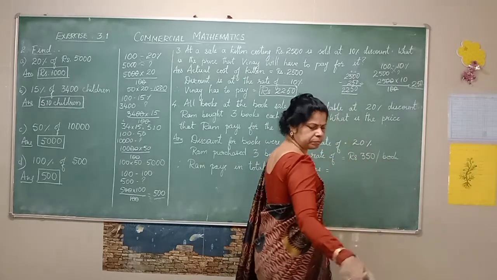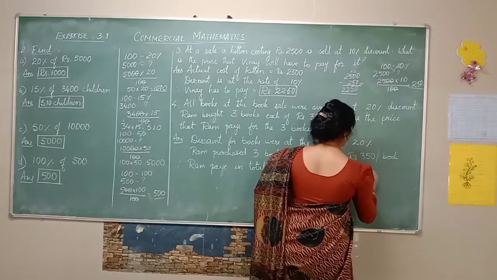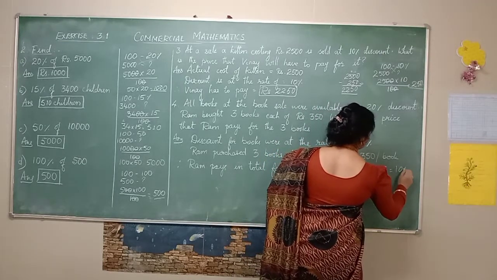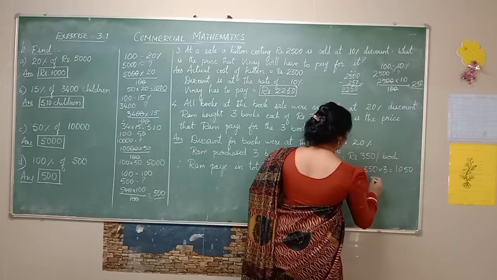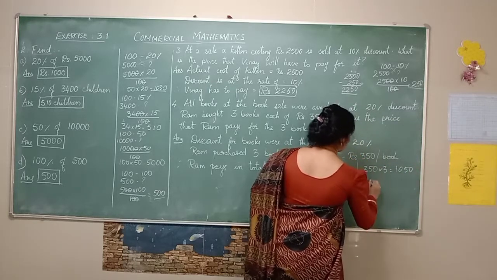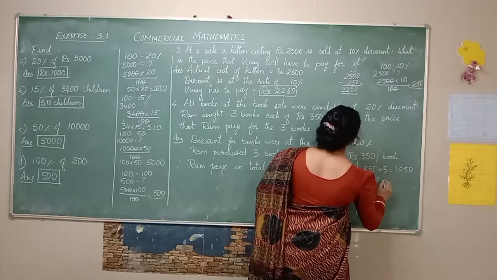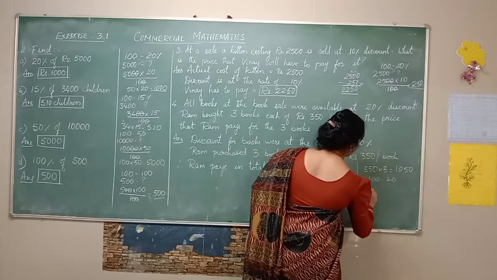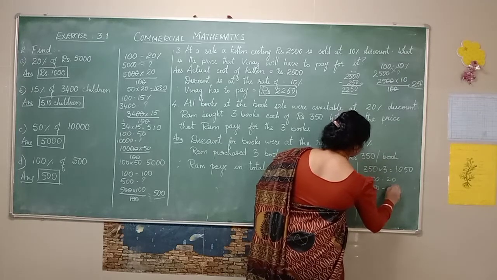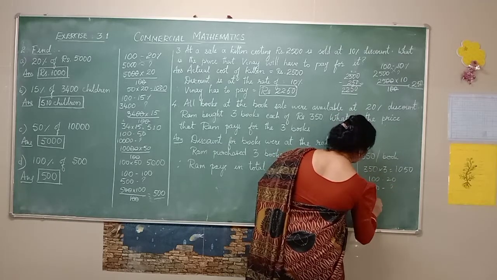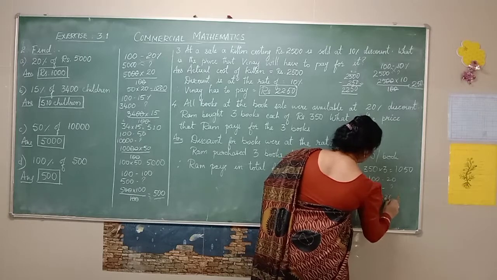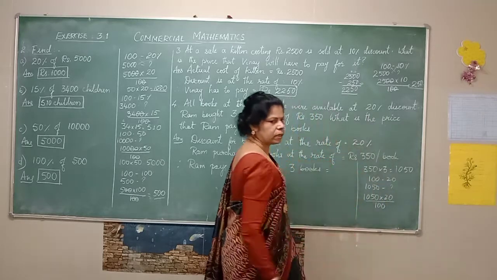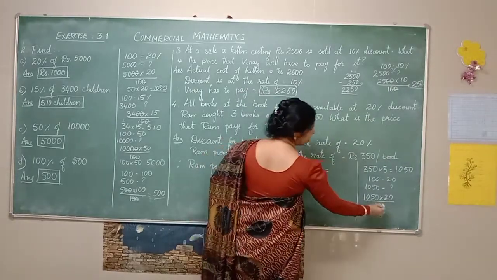I'll write it here. 350 into 3 is 1050. Now for 100, this is working column. For 100, it was how much? What is the discount? It is 20% discount. So for 1050, how much? So 1050 into 20 by 100.